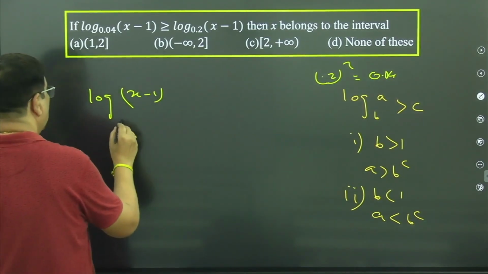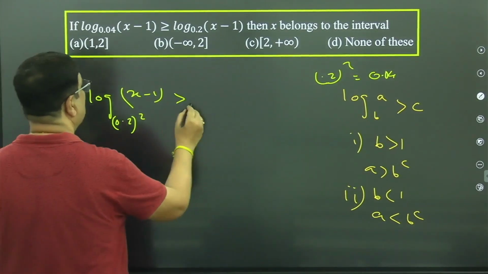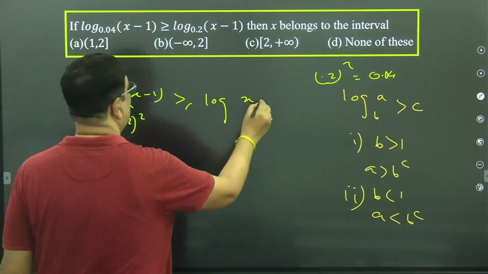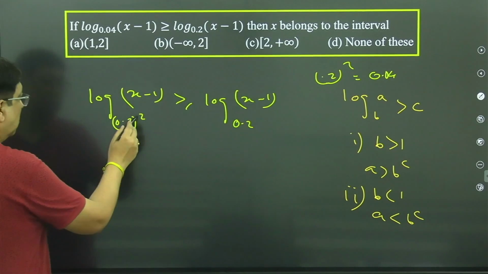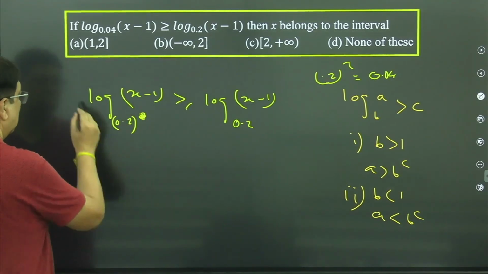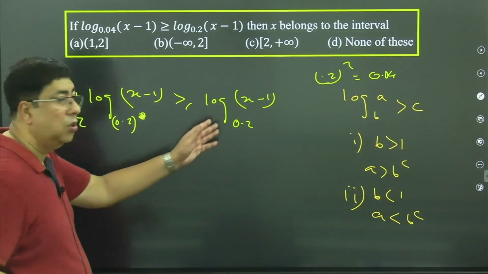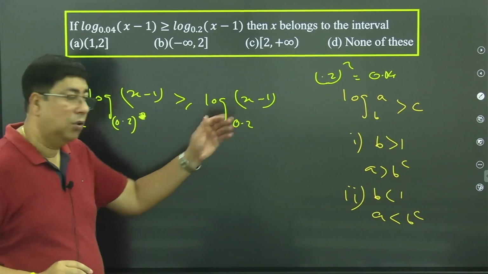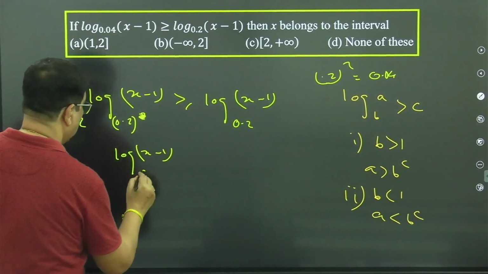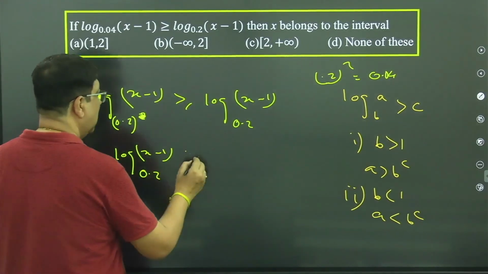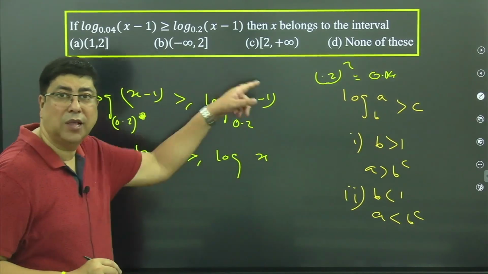Therefore, 0.2 whole square greater than or equal to log x minus 1, here it will be 0.2. So I am taking this out, this coming out. Now this two is cross multiplied, so we are getting here log of x minus 1 greater than or equal to log, if I multiply here 2 is coming to the power, right?